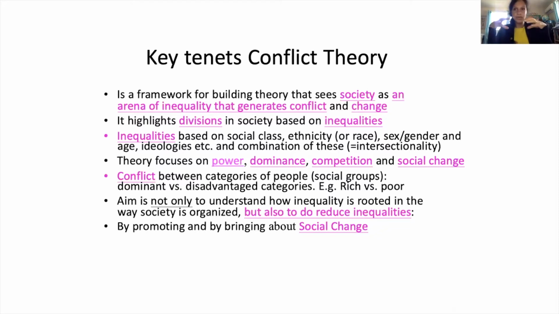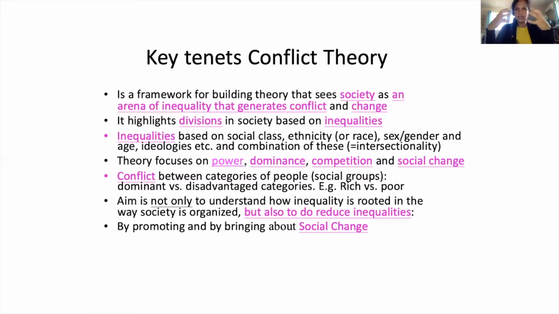So conflict theory is kind of exactly the counter narrative to structural functionalistic theory. Whereas structural functionalism sees harmony, balance, social structures working in harmony as the core to how society should work and is working, conflict theory is a framework that sees society as an arena of inequality.